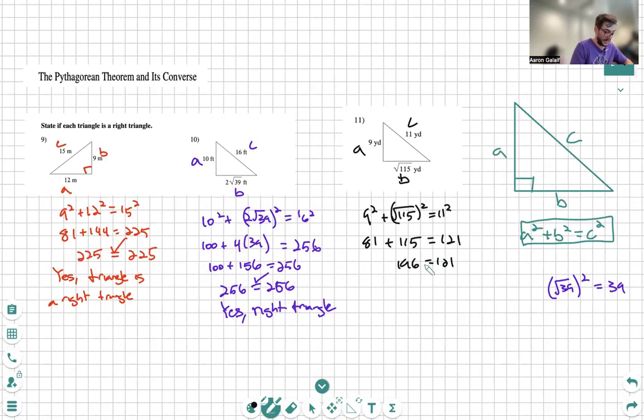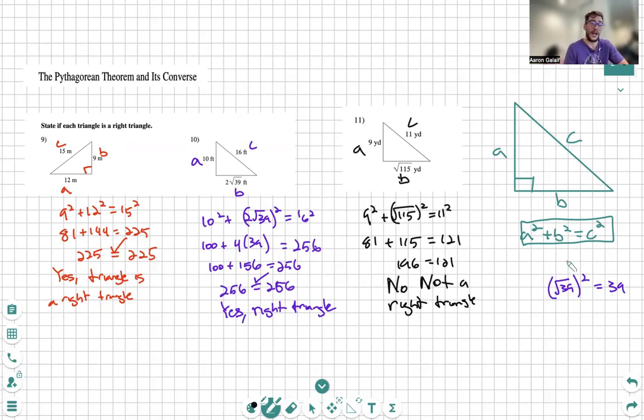It is not the same thing. So we know for a fact that this does not work. And we can see, no, not a right triangle. And that is because A squared plus B squared did not equal C squared.